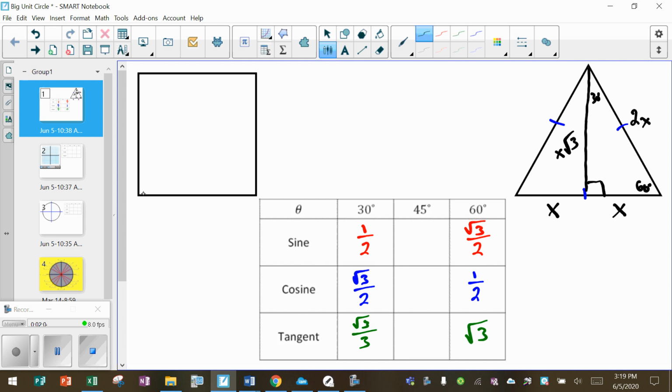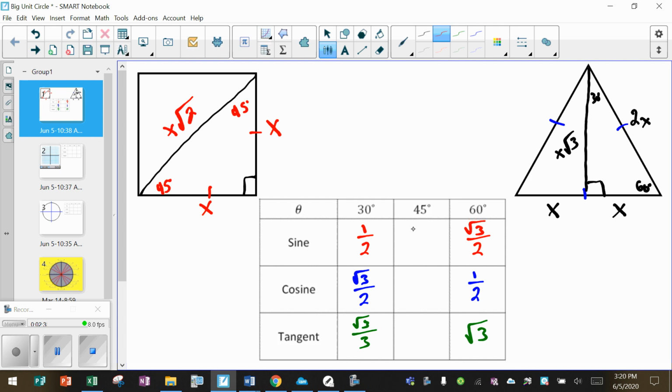Then we went and looked at a square, although I think we actually looked at the square first when we did this, but the square creates an isosceles right triangle. So in the isosceles right triangle, the equal base angles would each be 45 degrees, and with both legs being the same length, we did Pythagorean theorem and realized that the hypotenuse is always radical 2 times greater than whatever the side length is for a 45-45 right triangle.